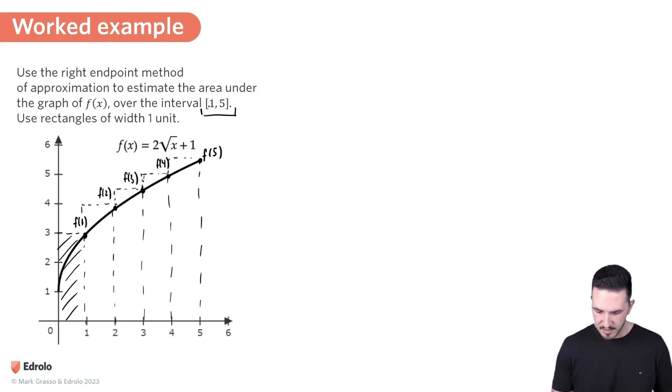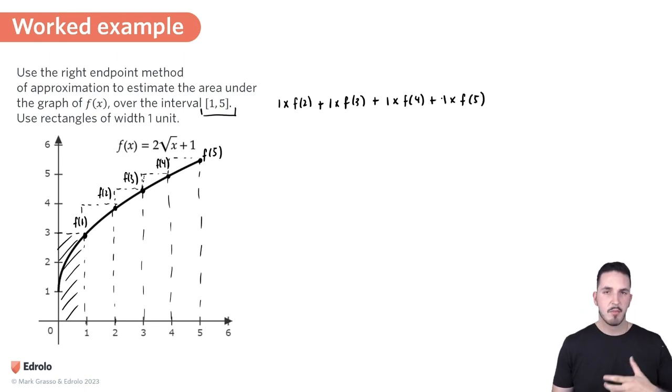Therefore, to find the approximate area, we're going to have 1 times f of 2 plus 1 times f of 3 plus 1 times f of 4 plus 1 times f of 5. The reason we have 1 times is because that's our width of 1 unit.